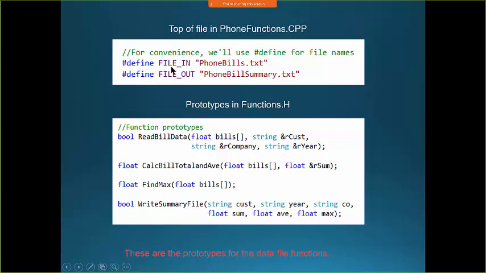Then rather than seeing 12 there, they see something like number of bills per month, and that way it makes your code much more readable. So it's a really good habit to get into: if you're about to just write a literal value into your code, instead use a define statement or a constant to do that. It also makes your code easier to update.